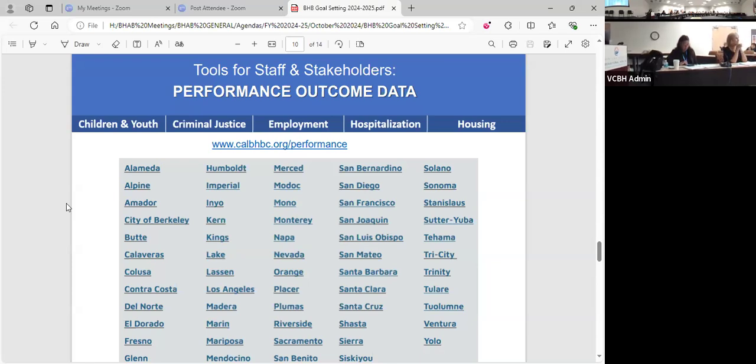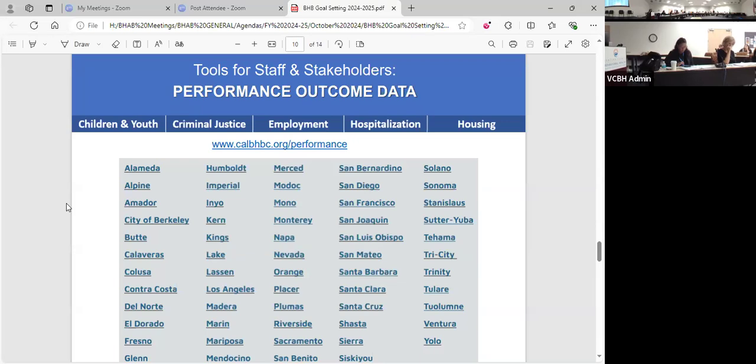In children and youth, usually it's related to self-reported wellness, family reported wellness, what teachers report on behavioral wellness, and then attendance and grades sometimes.